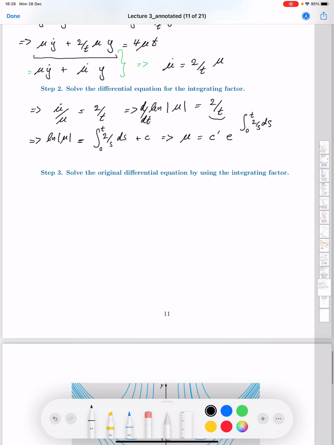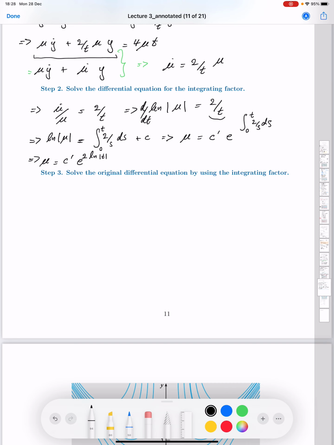And this we know, 2 over s is just 2 times ln of s when we take the integral. So mu equals c prime times e to the power of 2 times ln of the absolute value of t.